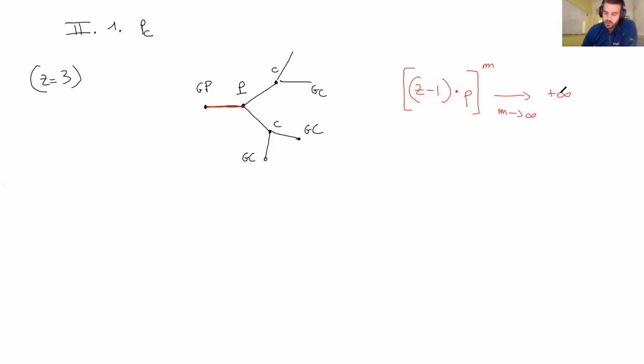So what is the threshold? What is the critical p for which you have this infinite behavior? z-1.